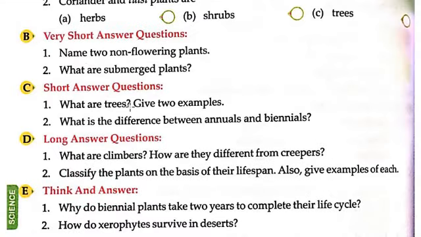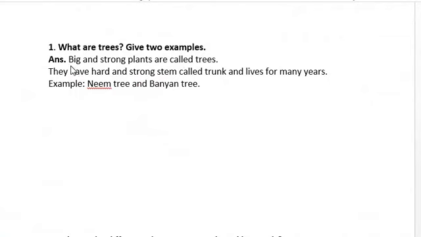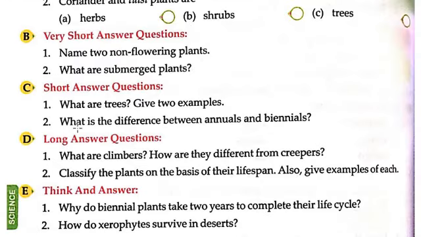Short answer questions. What are trees? Give 2 examples. Who can tell me? Trees are big and strong plants. They have a hard and strong stem called the trunk and live for many years. Example, neem tree and banyan tree. 2.